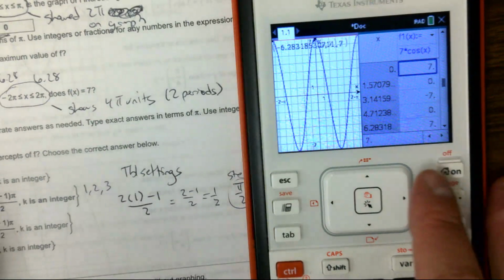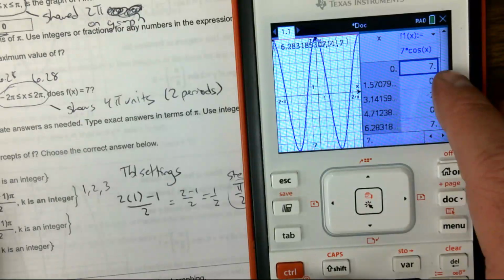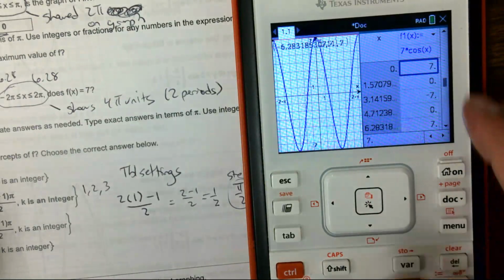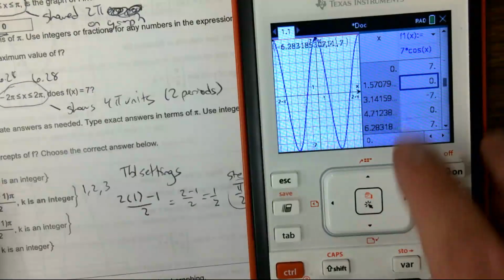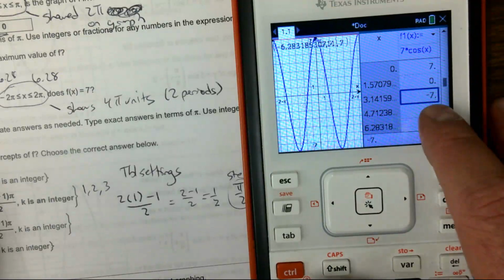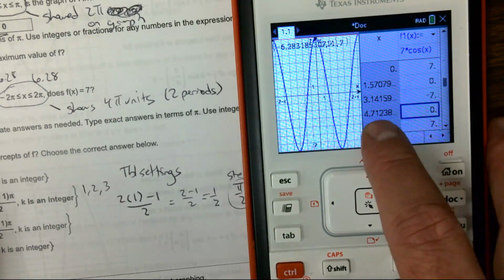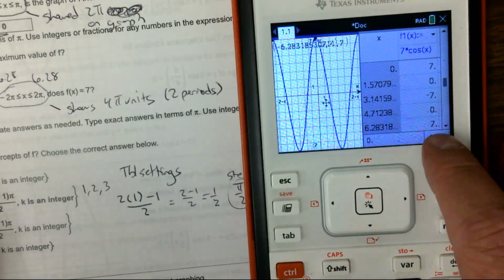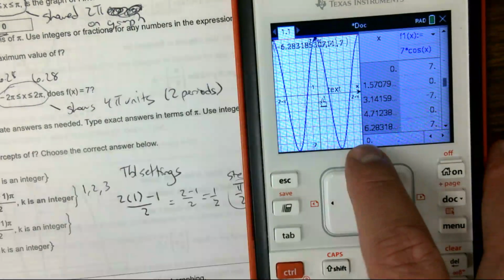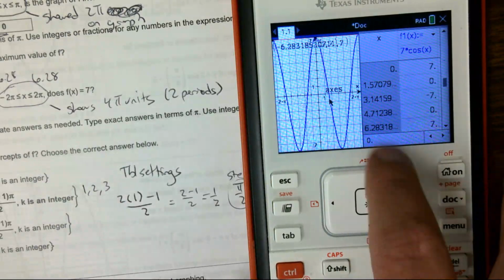So then I can see it's alternating between 7, 0, which is pi halves, -7, which is the minimum, then back up to 0, which is 3 pi halves, and then to 7, which is 2 pi. So it didn't give me an error message on that.